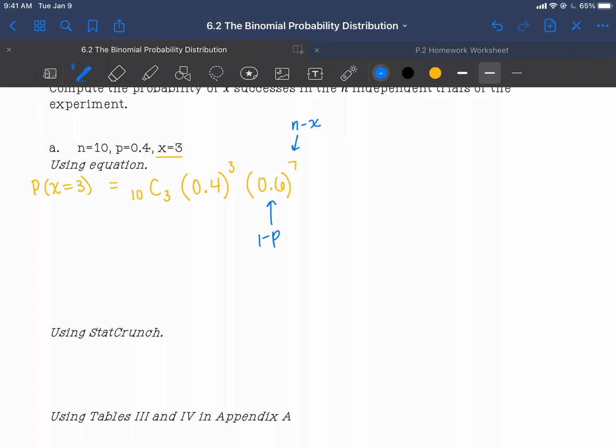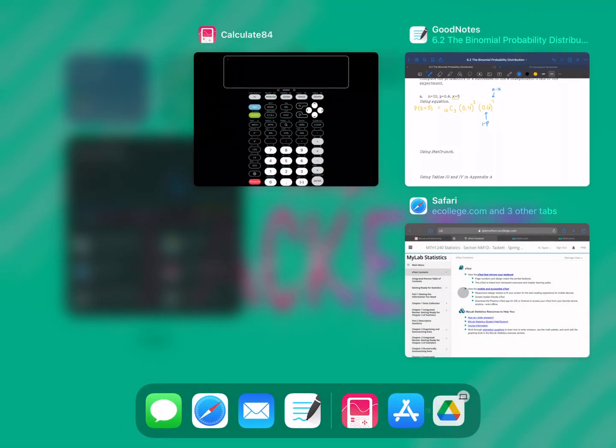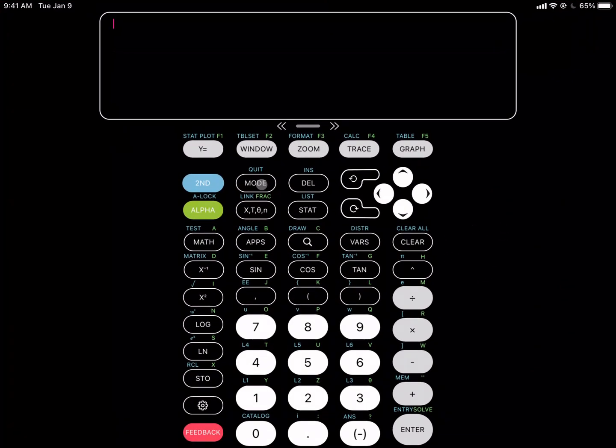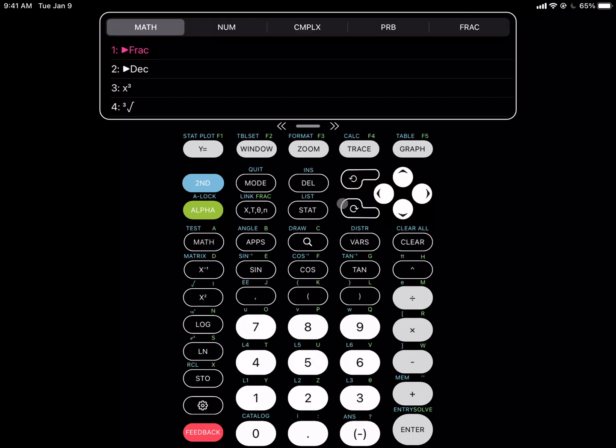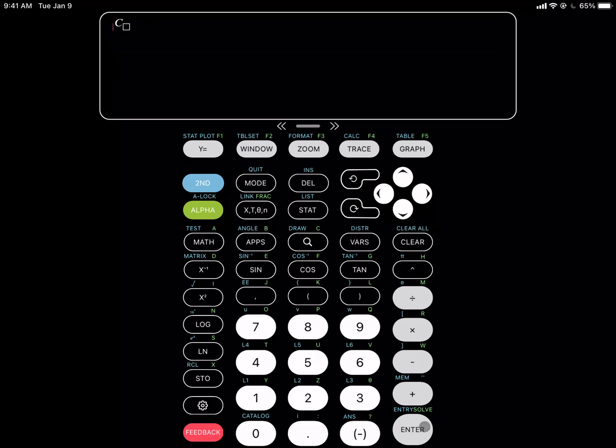If we are typing this into our calculator, we are doing math, going over to probability. We're doing a combination.